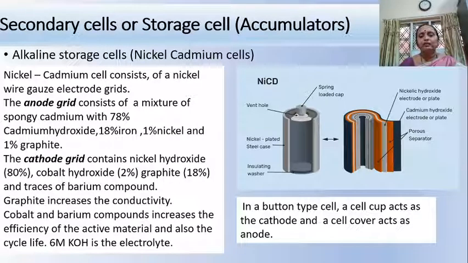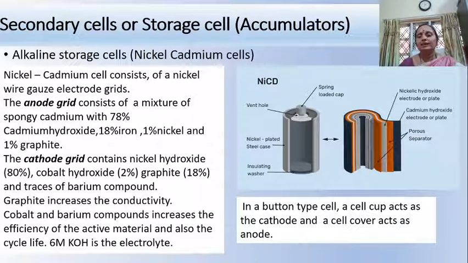Then the cathode grid contains nickel hydroxide 80%, cobalt hydroxide 2%, graphite 18% and traces of barium compound.